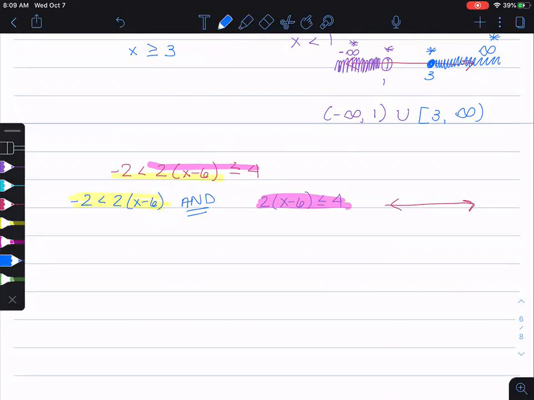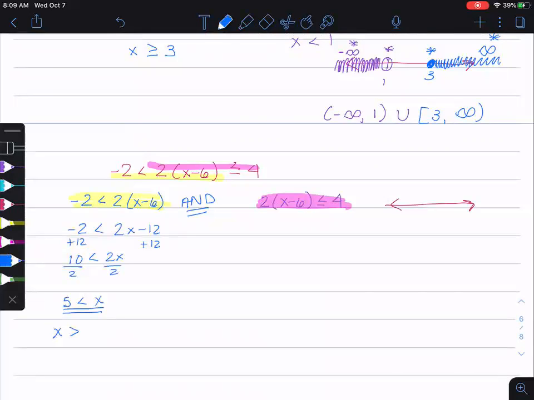So when I go to solve this, this is -2 is less than 2x minus 12. I would add 12 to both sides. I would then have 10 is less than 2x. Divide both sides by 2, and I get 5 is less than x. Well, we're used to seeing that x on the left-hand side, so I'm going to flip-flop all of this. I have x. The alligator's mouth is opening to the x. Look at that one.